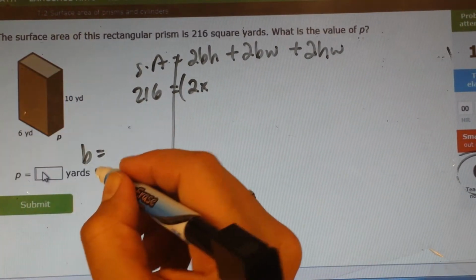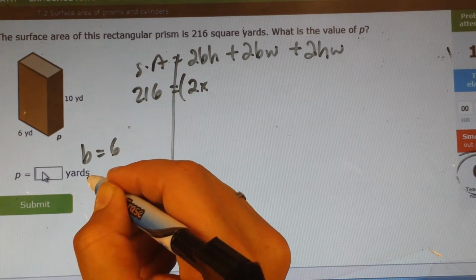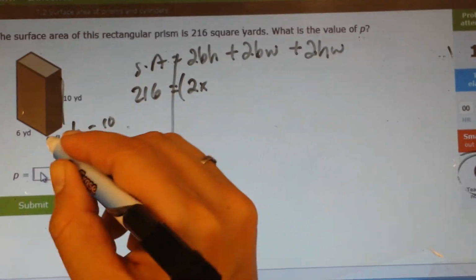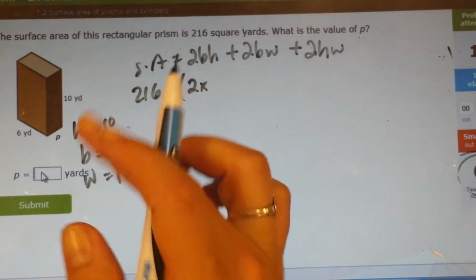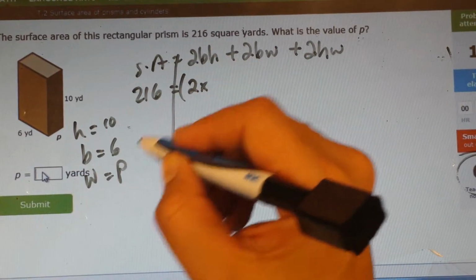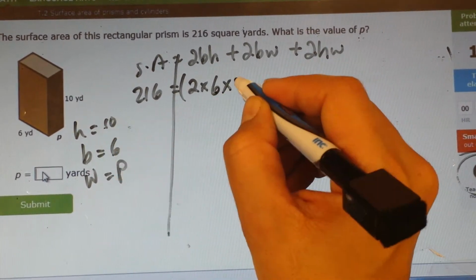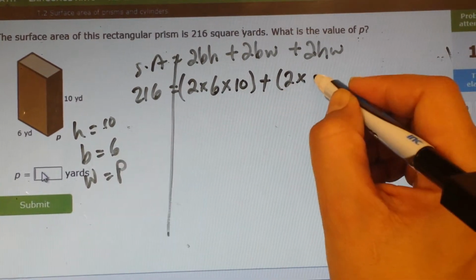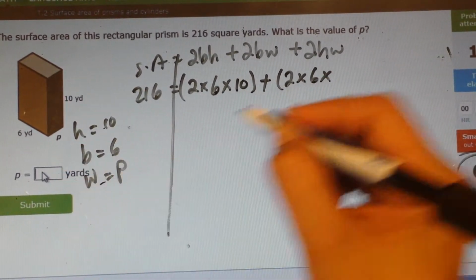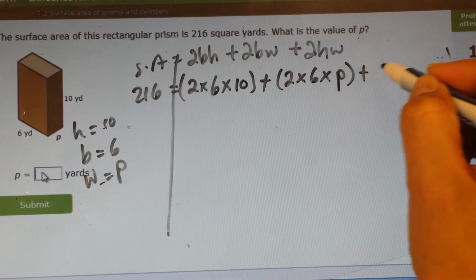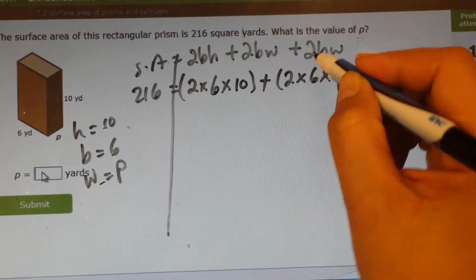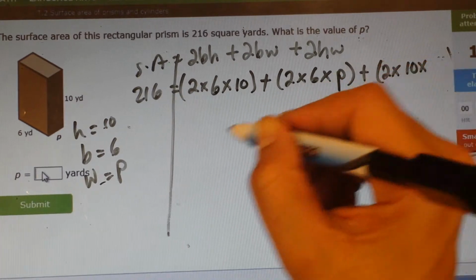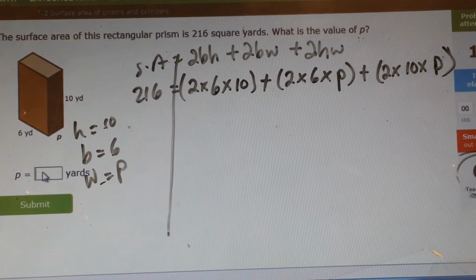If I say my base is 6, the height of the thing is 10, and my width is P. So that way I don't have to look at the picture. So 2 times B, which is 6, times H, which is 10, plus 2 times B, which is 6, times W, which is P, plus 2 times H, which is 10, times W, which is P, close parentheses.